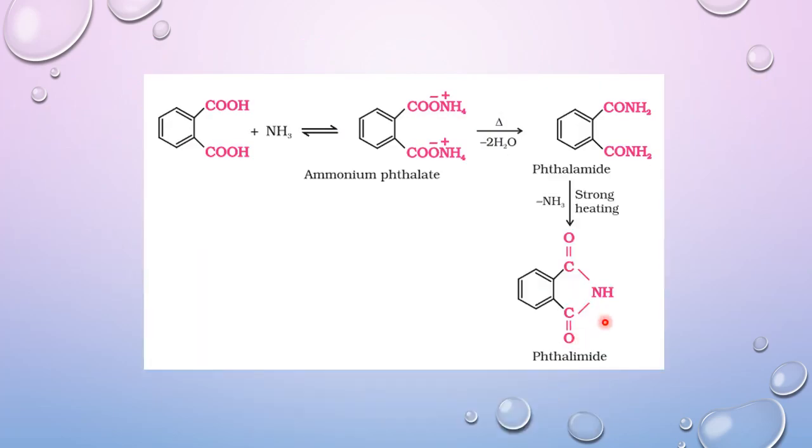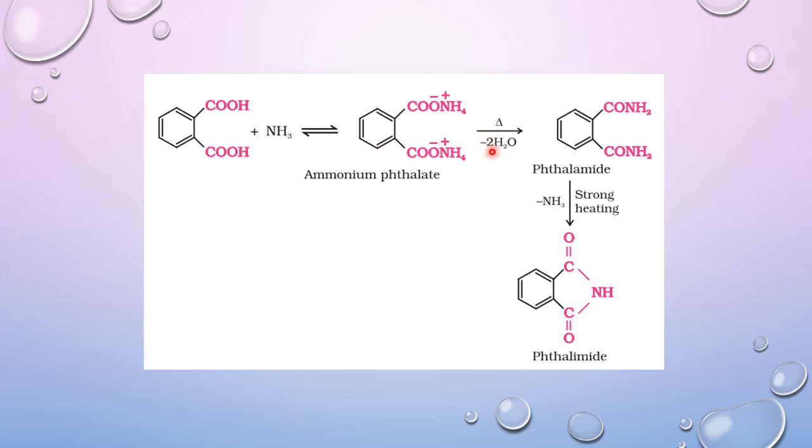Now this is the famous well-known synthesis, which is also known as the Gabriel phthalimide reaction. Here you can see this is your dicarboxylic acid present on benzene. The name is phthalic acid. Phthalic acid undergoing ammonolysis is able to obtain ammonium phthalate.